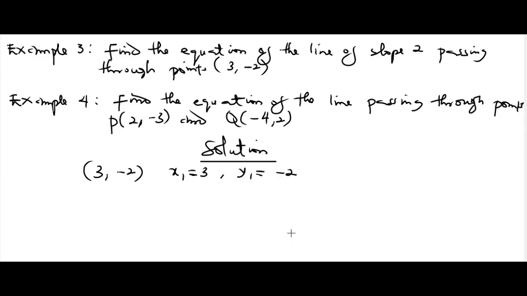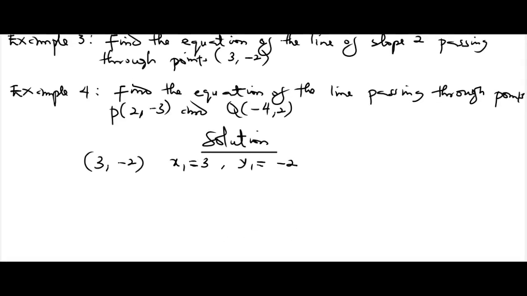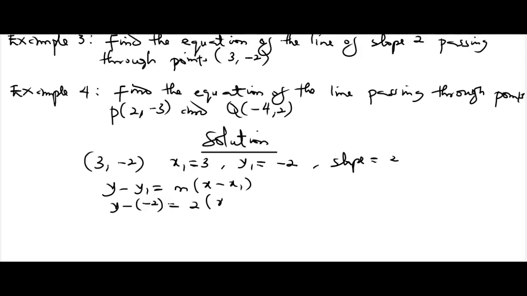I told you that anytime you are given slope and one point, the equation of the line becomes y minus y1 equals m, the slope, into x minus x1. So you have y minus, what is y1? That is minus 2, equals slope 2 into x minus, what's our x1? 3. So y minus minus 2 is y plus 2, which equals 2x minus 6.